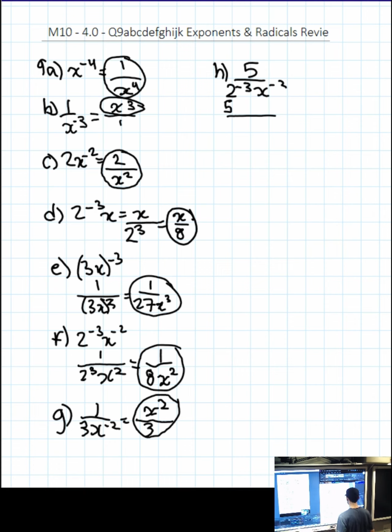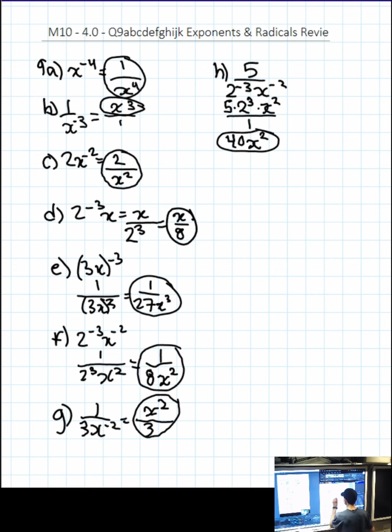I'm going to bring it up to the top and make the exponent positive. So times 2 cubed. And x has a negative exponent. I'm going to bring it to the top and make the exponent positive. So we have x squared. Now I'm going to leave a 1 on the bottom. So we're going to multiply. Exponents first. 2 cubed is 8 times 5 is 40. 40x squared. Circle your answer.